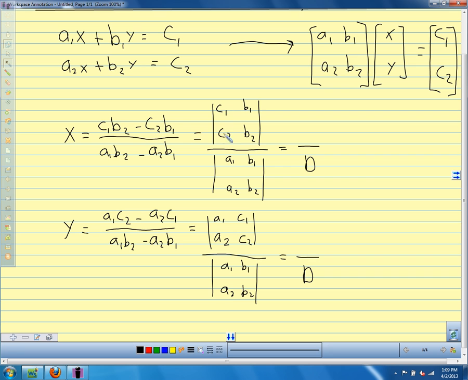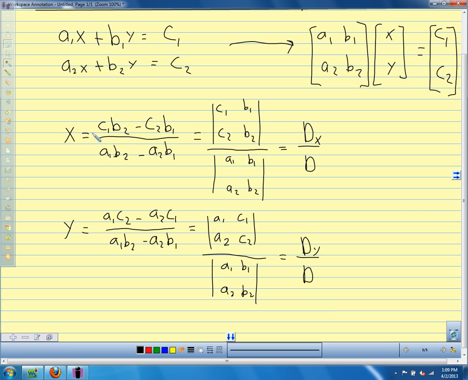We call that D sub x. And this determinant is this matrix with the second column replaced by these two numbers. We call that D sub y.